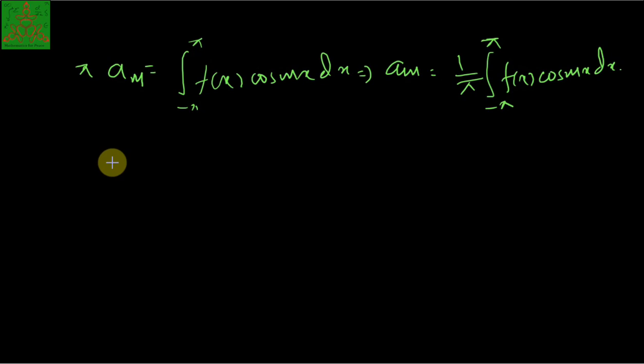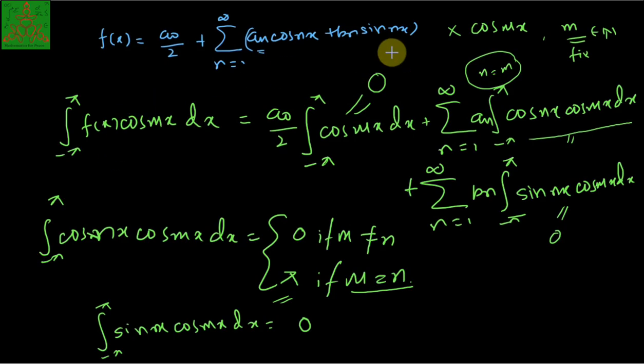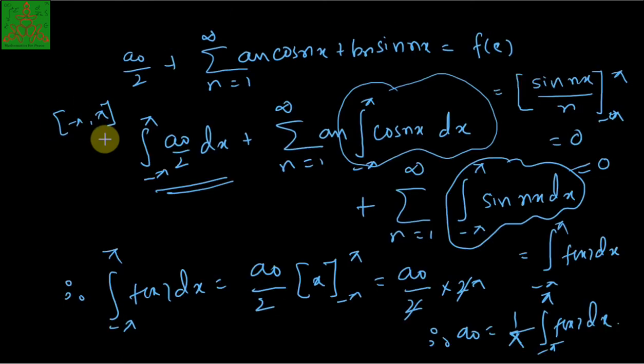Lastly, in a similar manner, as we multiplied with cos mx, if you want bn, then you have to multiply with sin mx with m fixed. So let us write down what you will get if I multiply by sin mx and integrate both sides with respect to x in the interval minus pi to pi.